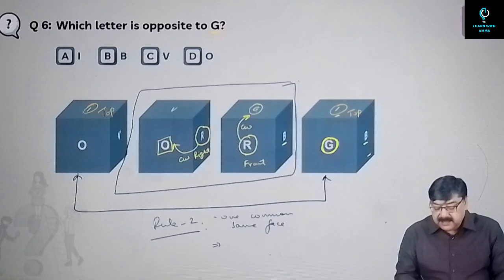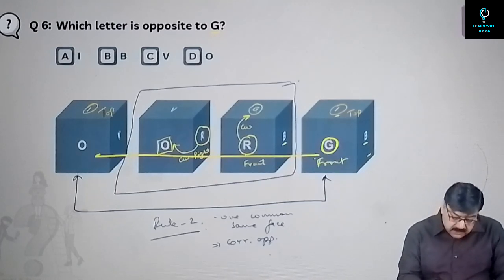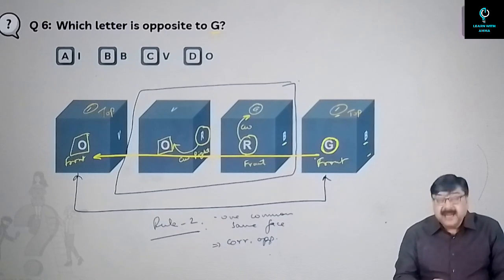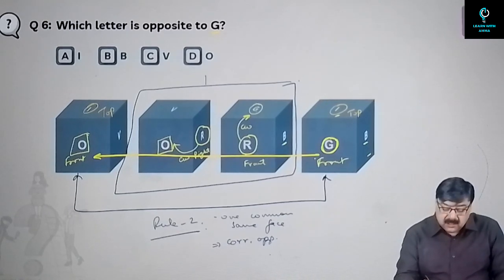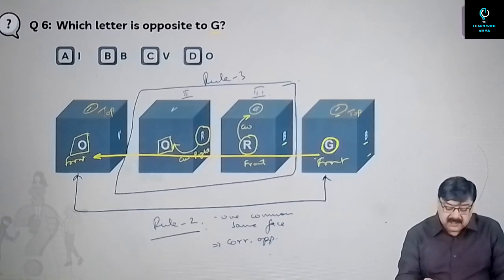Then this implies that corresponding faces will always be opposite each other. So G here is in the front face. So opposite to that will be O in the front face. So either by applying rule 2 to first and fourth diagram or by applying rule 3 to the second and third diagram, we can get the answer, that is opposite to G is O, which is given to us in choice D.